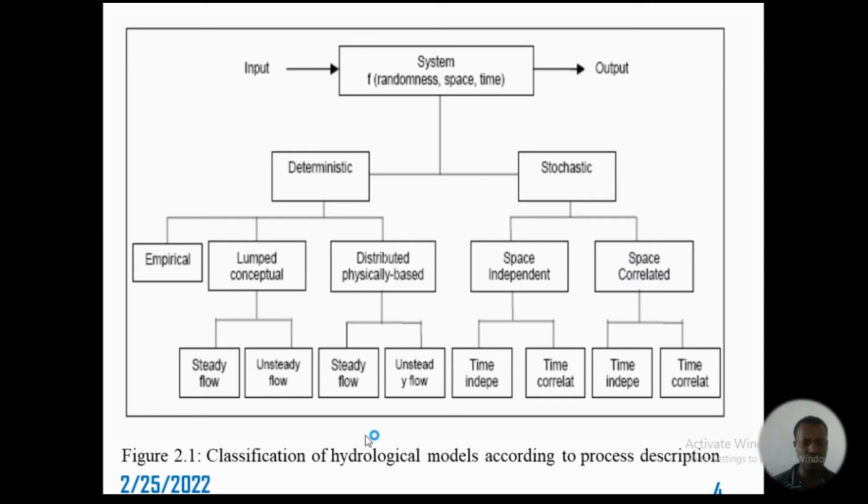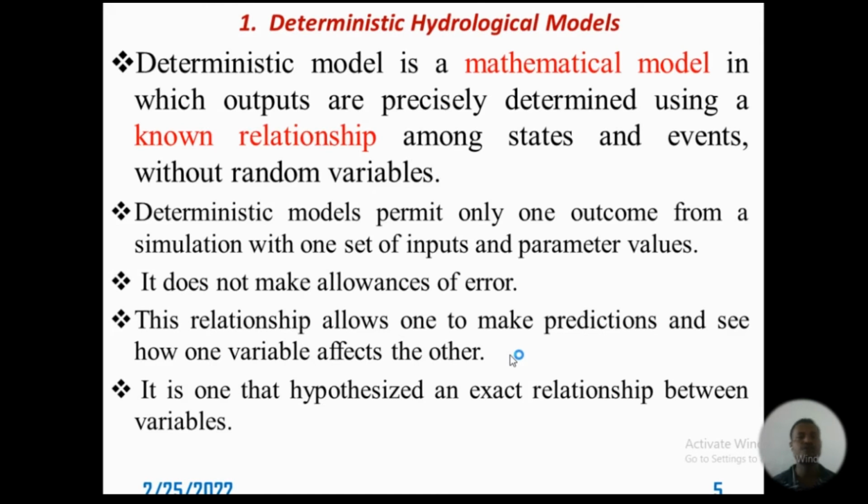So there are a lot of parameters used to determine the hydrologic modeling. The deterministic hydrological model is a mathematical model in which outputs are precisely determined using a known relationship among states and events without random variables. So in this model, there is no consideration of random variables.